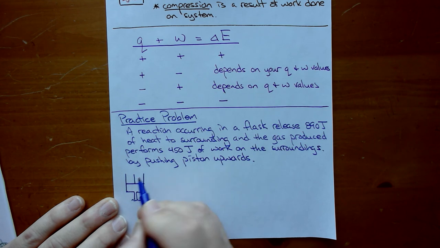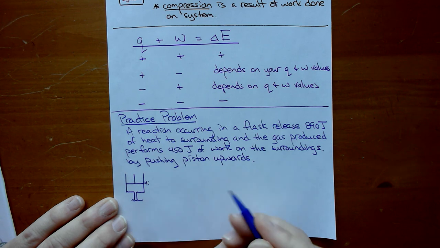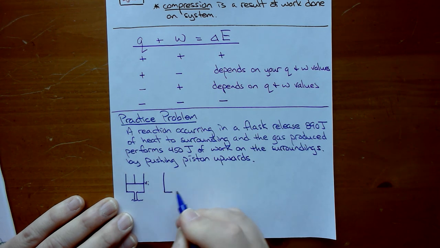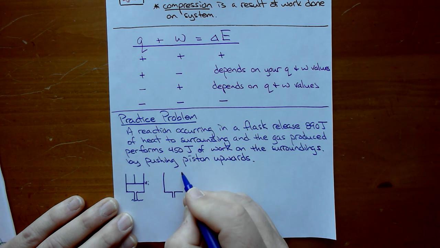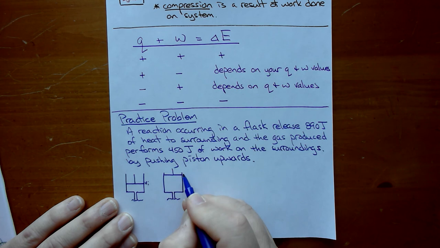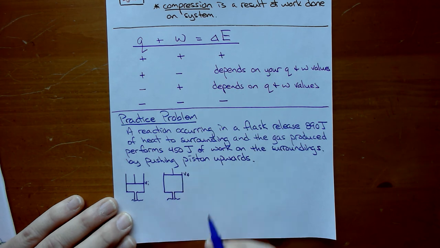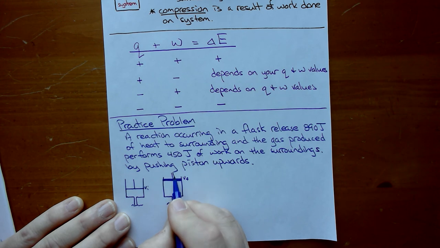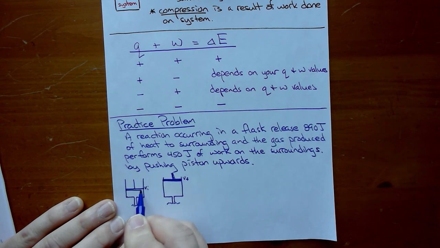So my initial volume, and then we have a piston, the same piston. Again, this is the flask here that I'm trying to show you. I'm not going to draw a flask because I'm not too good at it, but it's connected to a flask. And then this is where the piston ends up, so that's a final volume.